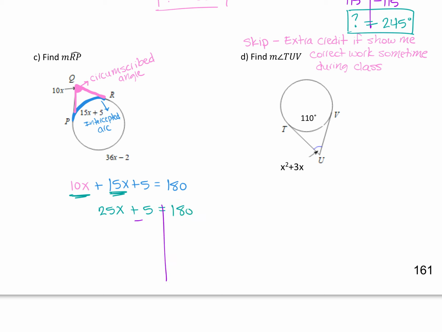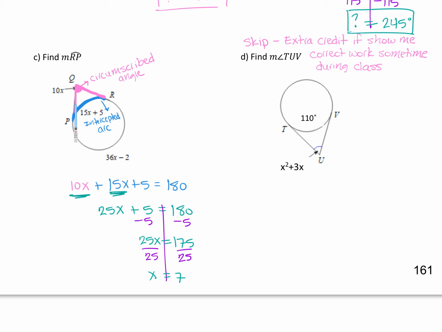Subtract 5 from both sides. So we have 25x is equal to 175. Divide both sides by 25. And so that gives us x is equal to 175 divided by 25, which is 7. But we want to find the measure of RP.